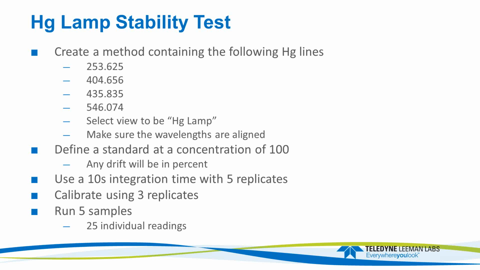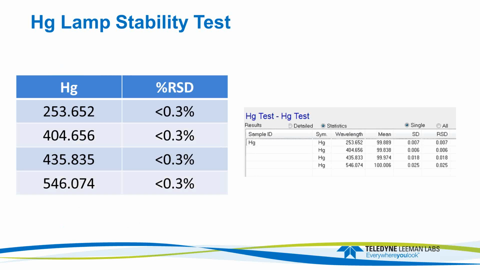It's not necessary to use a blank, because the mercury lamp is always on. Then we tend to run it 5 times, and that'll give us 25 individual readings, which is enough to give us the information that we want.